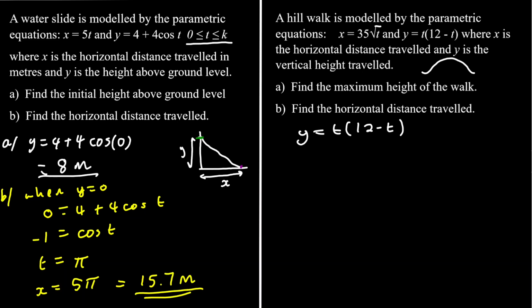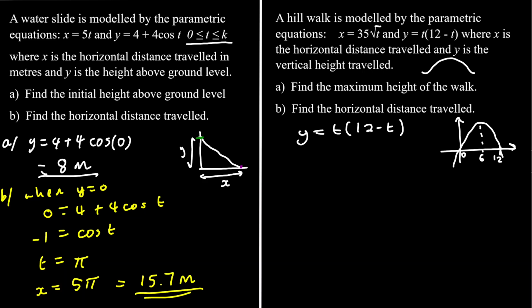We can tell using symmetry that the maximum is going to be when t is 6, halfway between 0 and 12, because t times 12 minus t is a negative quadratic that crosses at 0 and 12. So the t value in the middle is going to be 6 because it's symmetrical.